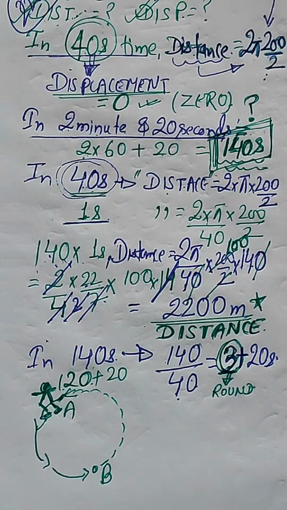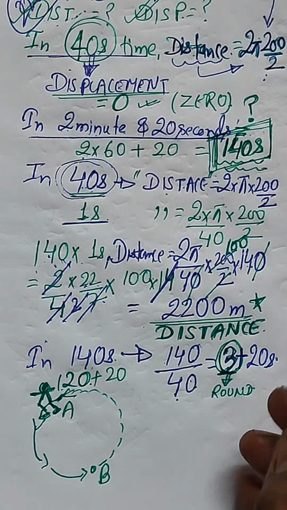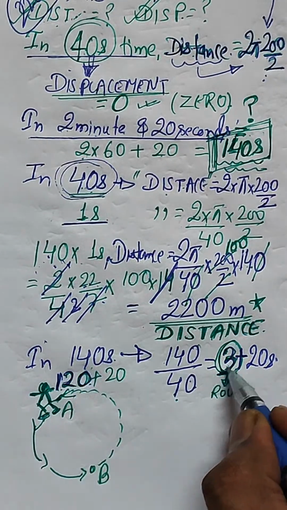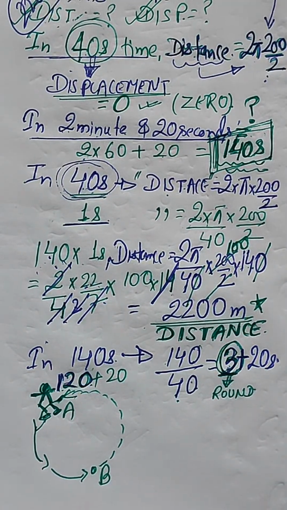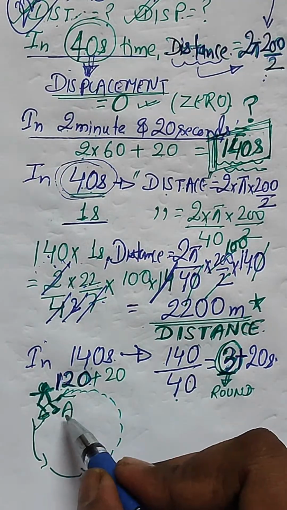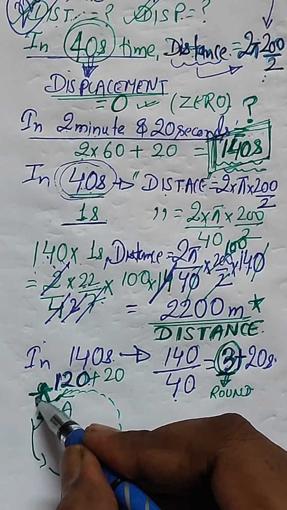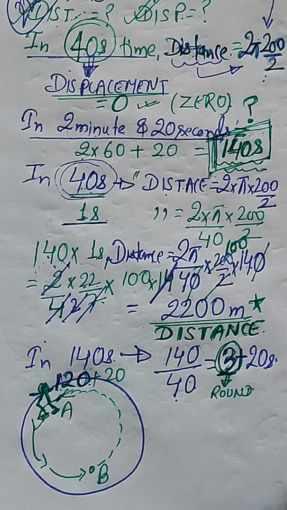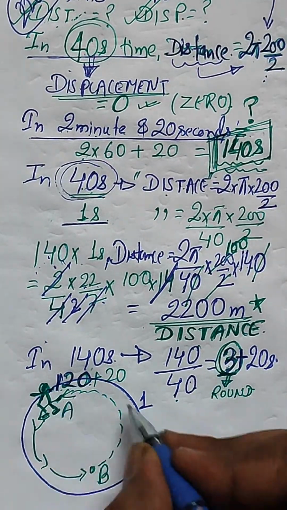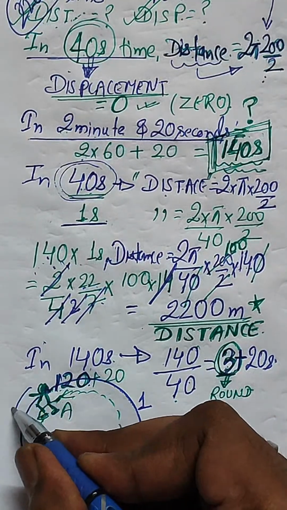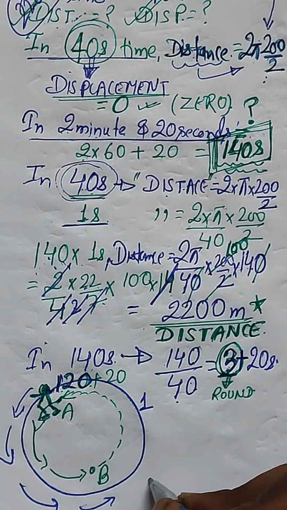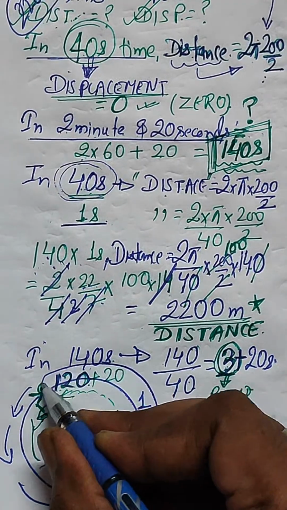Now from this point you can see in 120 seconds of time he completes 3 rounds. That means starting from A, going to B, and again to A, that is 1 round. Again, after reaching A, he went for the second round like this, and he completes another round.